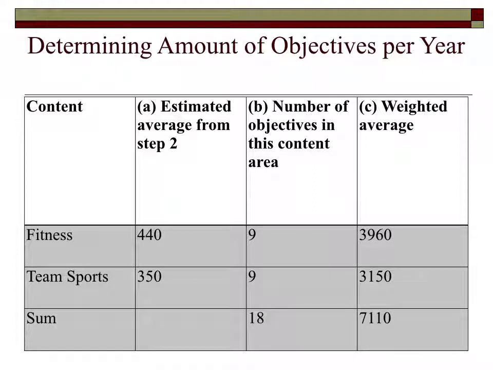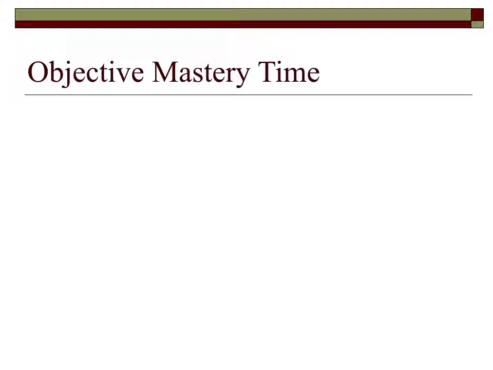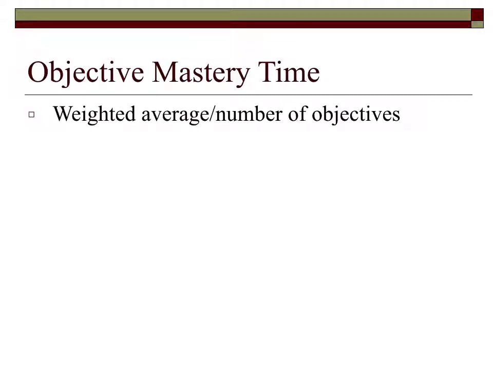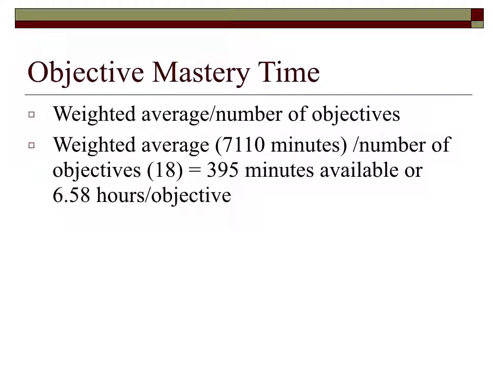So what do we do next? We finally get to our objective mastery time. We take our weighted average divided by our total number of objectives. So we have a weighted average of 7,110 divided by the 18, which equals 395 minutes available, or 6.5 hours per objective.